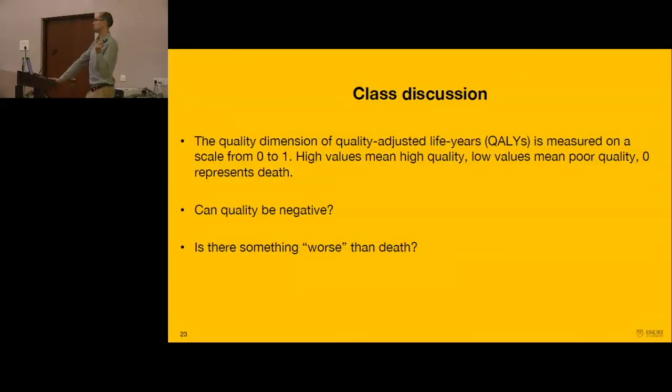Well, quality is always positive because we force the quality metric to be bound between 0 and 1, where 0 means death, 1 means perfect health. But is there a health condition that's even worse than death?